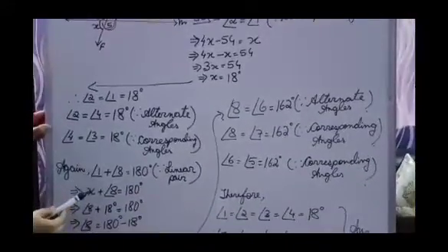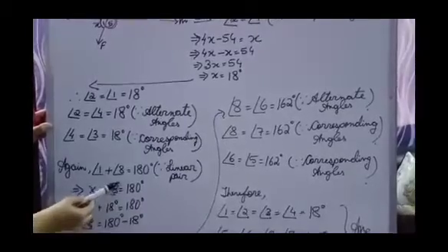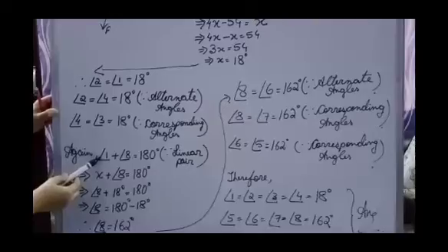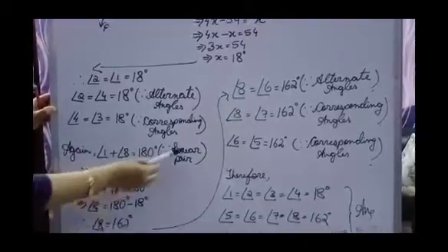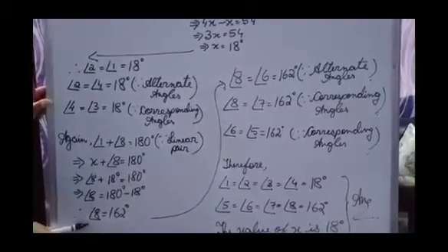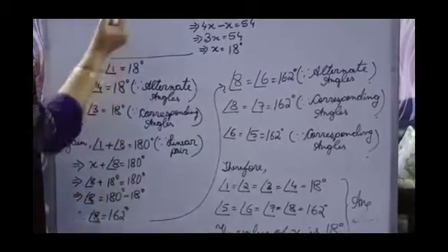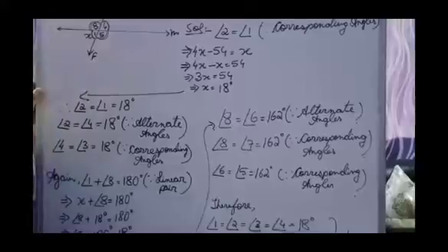So, angle 1 is already given, the value is x, that is 18 degrees, and you will just find out this angle 8. Because angle 1 is given, and when we add both of these we get 180 degrees, that is according to the given condition, linear pair. So, you will find that angle 8 is equal to 162 degrees. So, this angle is equal to 162 degrees.